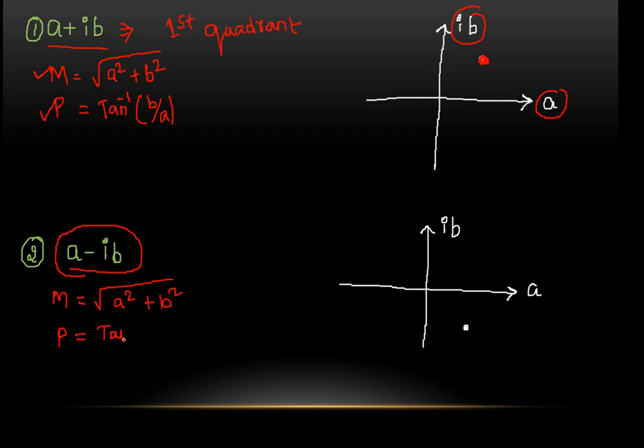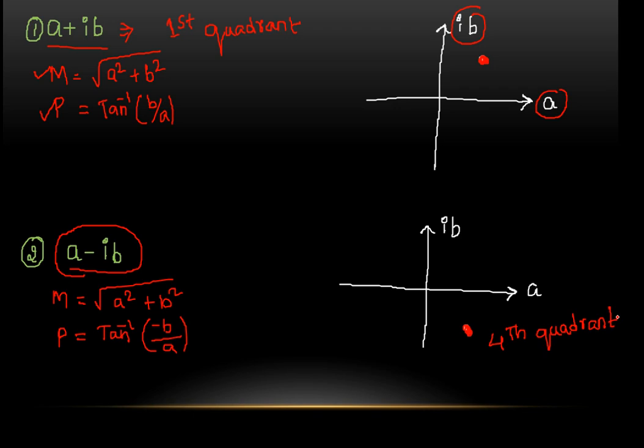Here the imaginary part is minus b and the real part is a. If you want to indicate this point on the coordinate system, the point will be in the fourth quadrant, because here the imaginary part is negative.